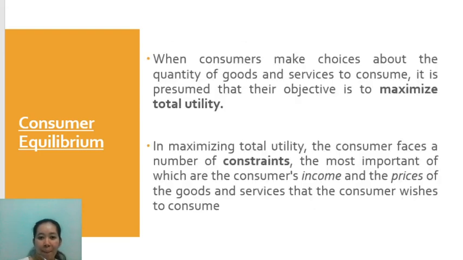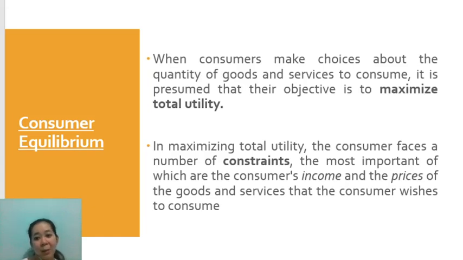So here, when consumers make choices about the quantity of the goods and services that they consume, it is presumed that their objective is, of course, to maximize total utility. So this is actually our main reason why we purchase goods or services. Okay, so we want to maximize the amount that we paid for out of purchasing and using those products or services.